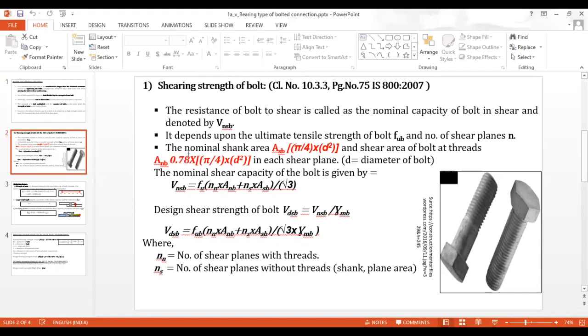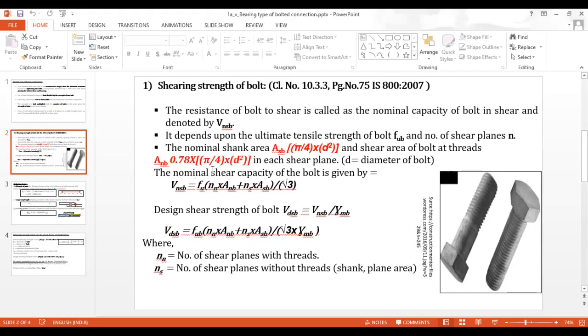Here the 0.78 occurs because 22% of the area is worn out because of the threads, and hence we multiply by 0.78, that is 78% of the shank area of the bolt.